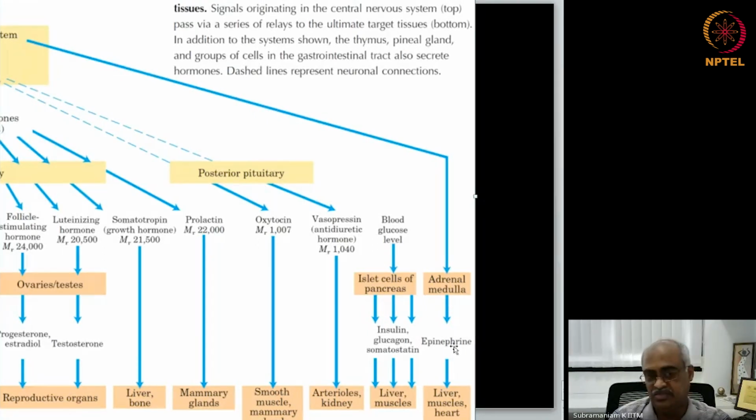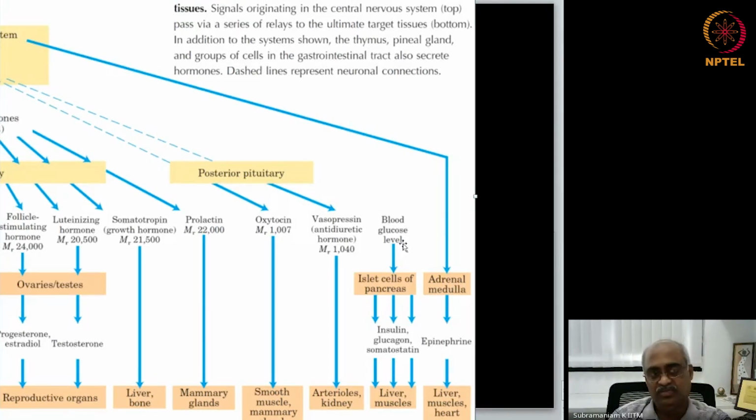And there are some situations where you do not have this hypothalamus pituitary connection. For example, blood glucose level directly induces the islets of Langerhans to produce insulin, or if glucose goes down, glucagon. And so this is a third way.